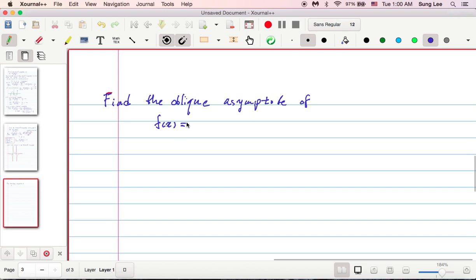Okay, so we have: find the oblique asymptote of f of x equals 2x squared minus 3 all over 7x plus 4.